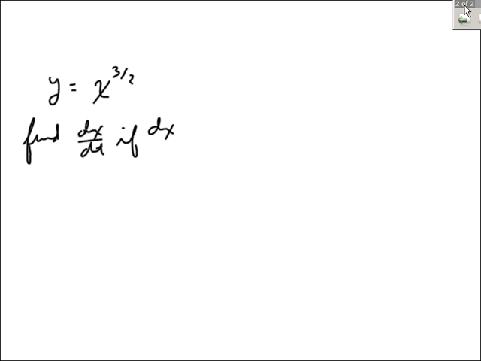Suppose I tell you that y is equal to x to the 3/2, and I ask you to find dx/dt if dy/dt is equal to 4 and x is 16.